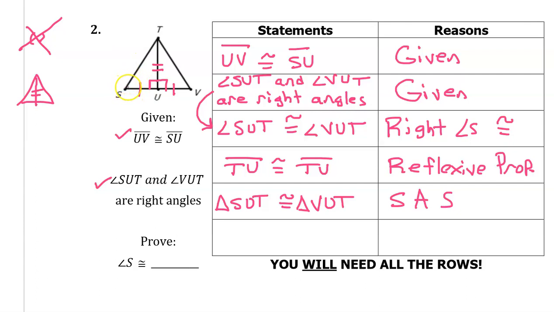Angle S corresponds with angle V. So the only thing we could possibly prove is that angle S is congruent to angle V. So whenever you have already proven that the triangles are congruent, and then you have an extra pair of corresponding parts that you want to prove congruent, the reason will be CPCTC, because corresponding parts of congruent triangles are congruent.